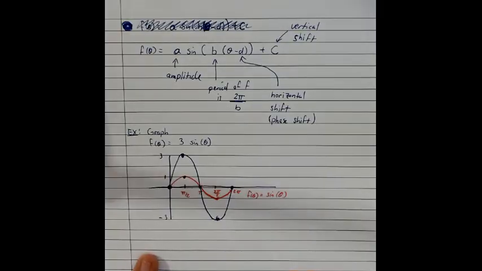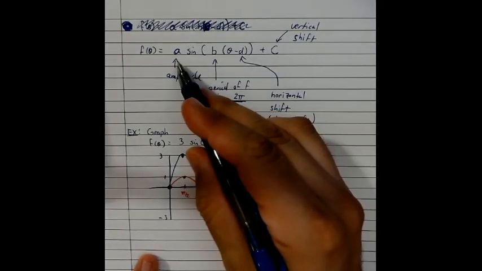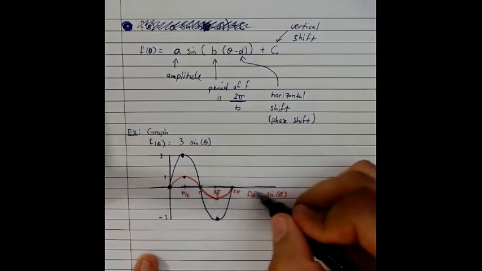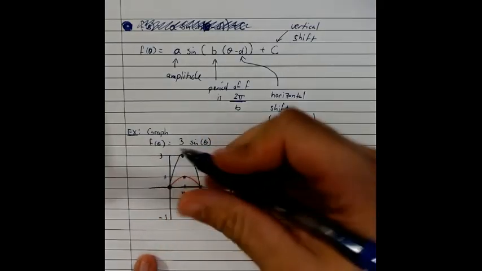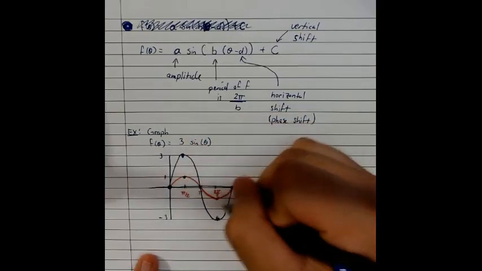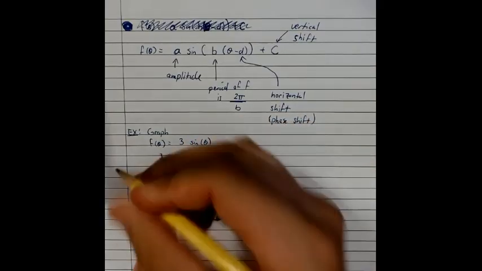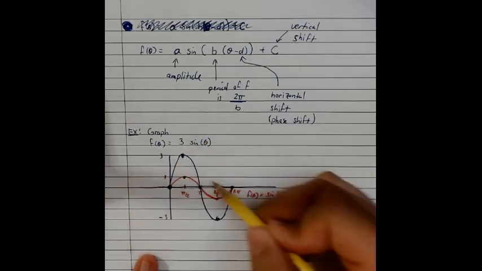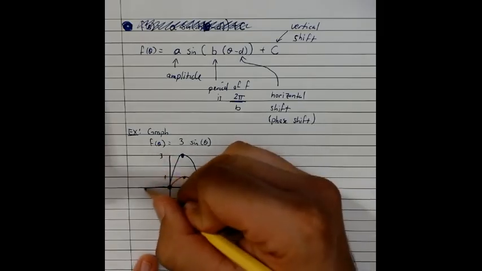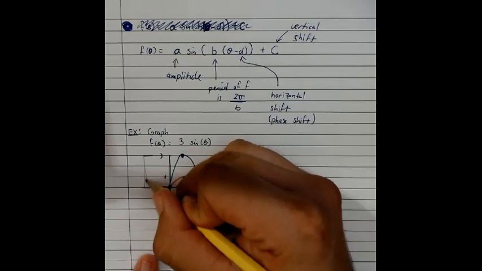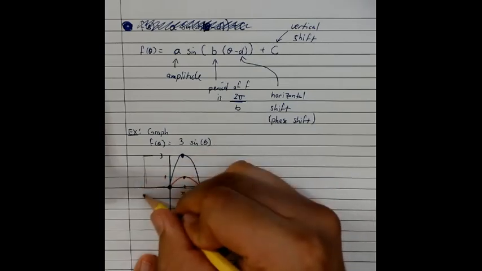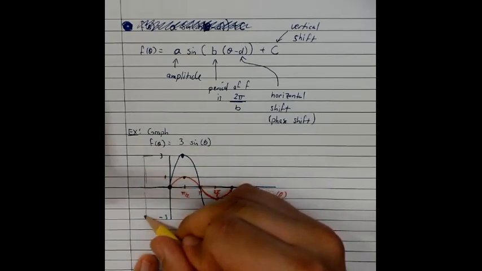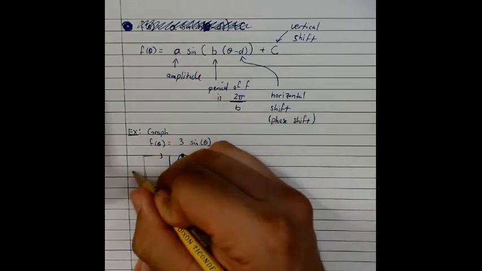The amplitude tells you the distance from this baseline up to the maximum and down to the minimum. So notice right here, from this baseline, from the average between the maximum and the minimum, this is the distance 3, and this is also the distance 3. In other words, it's the amplitude.